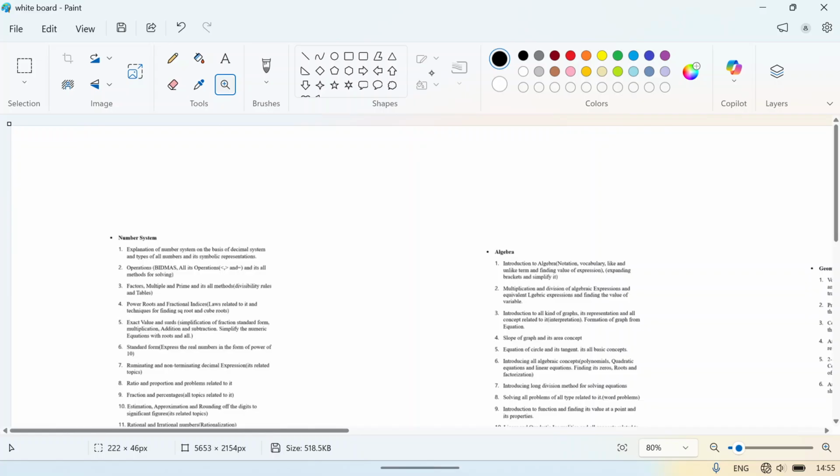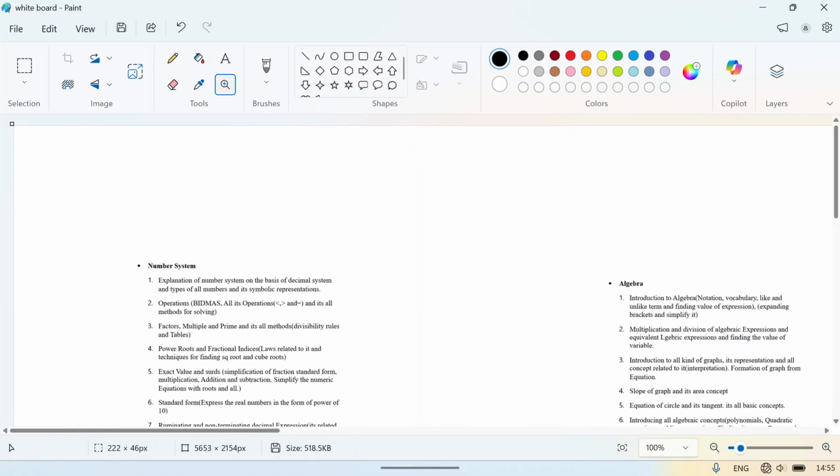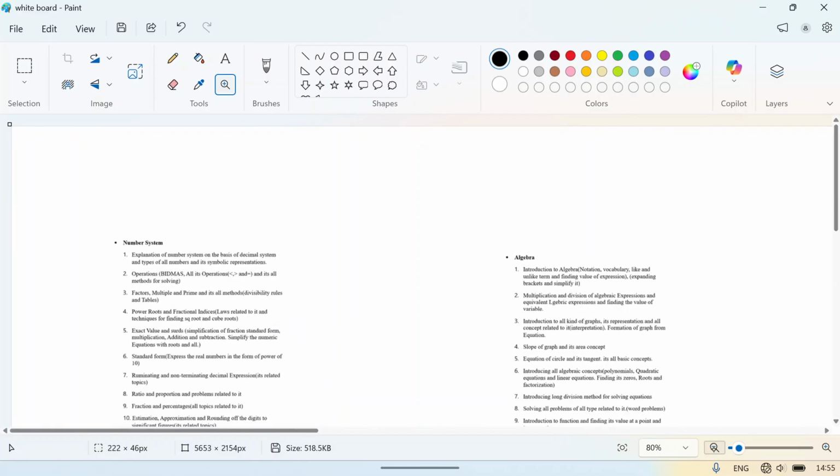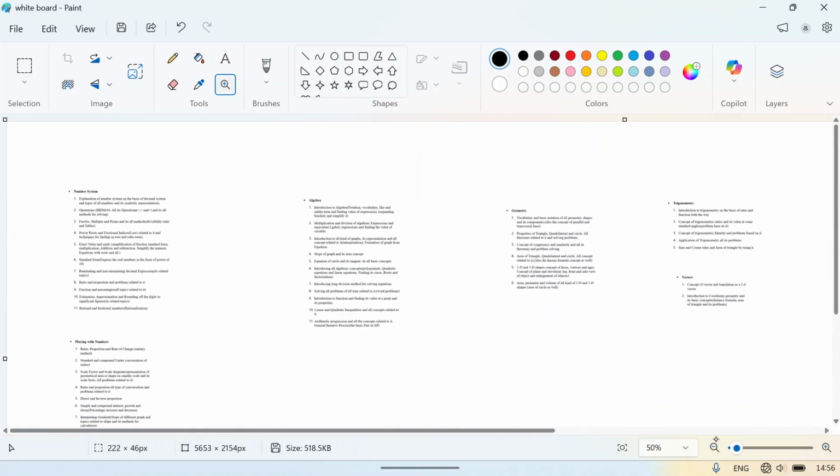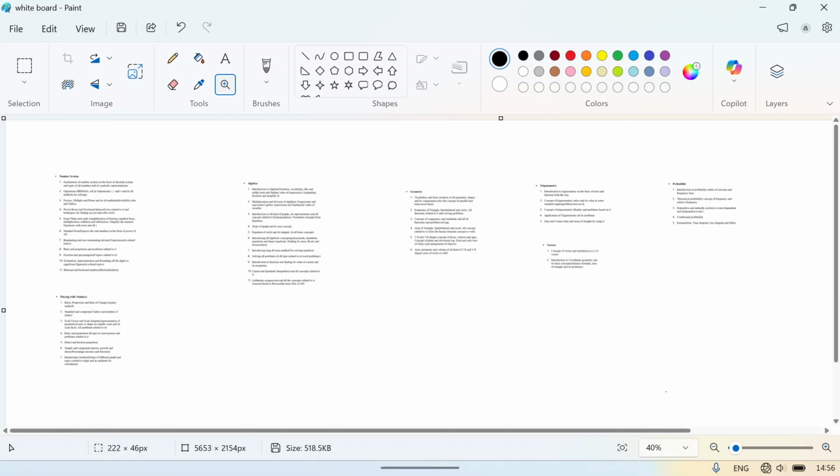So basically, secondary school mathematics covers five major areas.